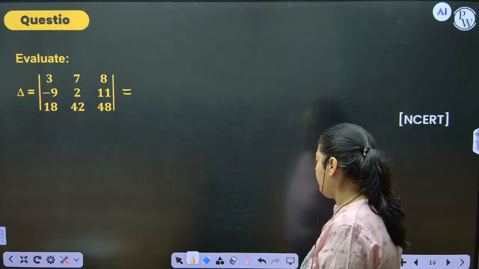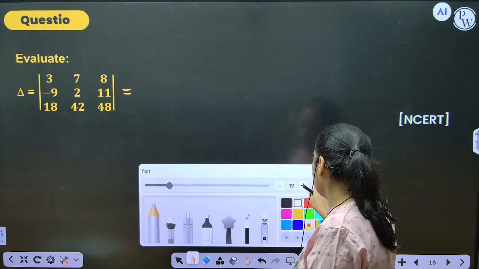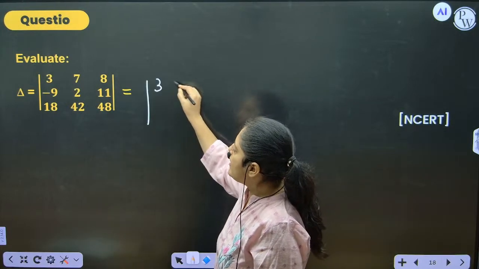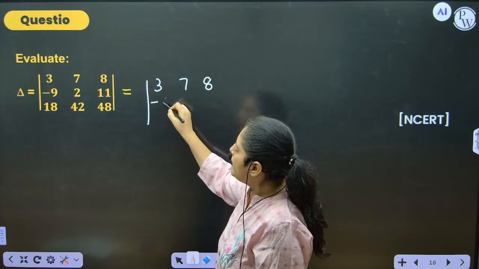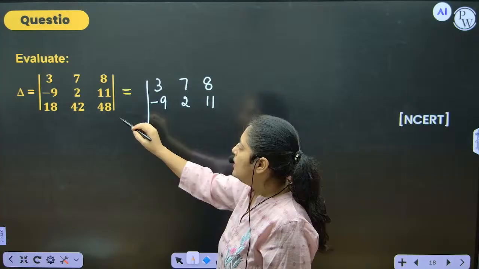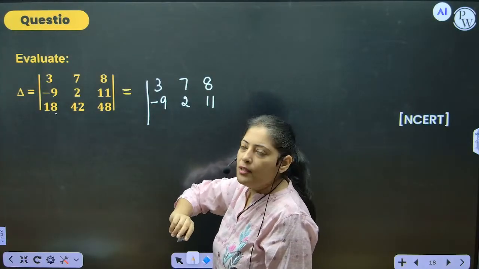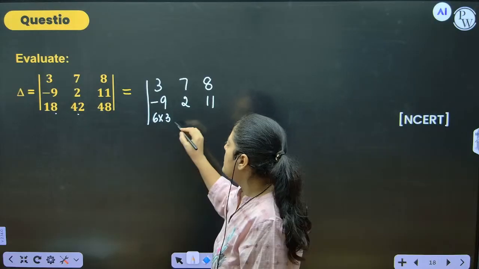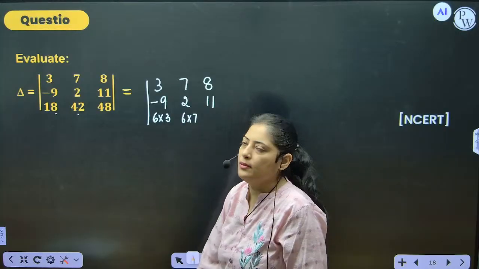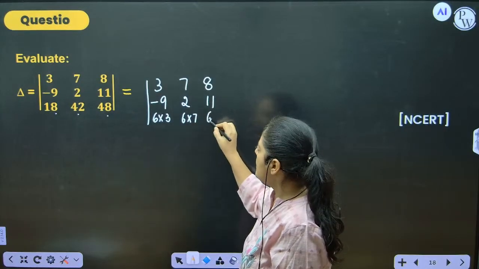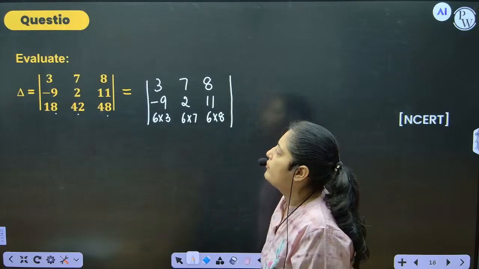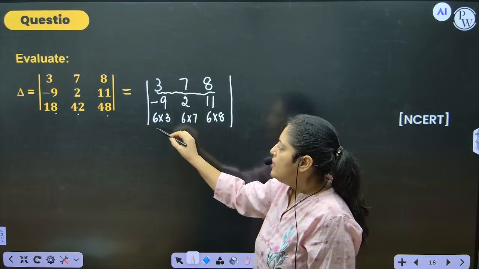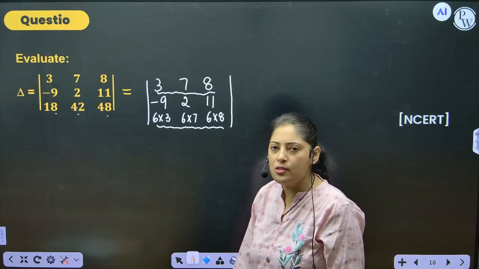Think. 3, 7, 8 as it is, minus 9, 2, 11 as it is. This number is what? 6 3s are 18. This number is what? 6 7s are 42. This number is what? 6 8s are 48. That means whatever the first row is there, 6 times here also.